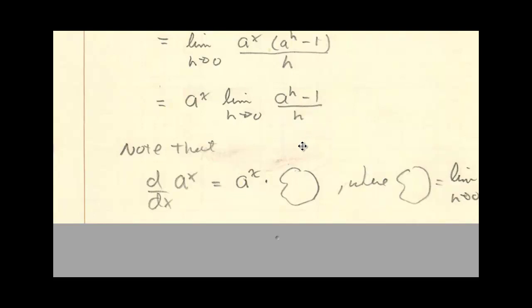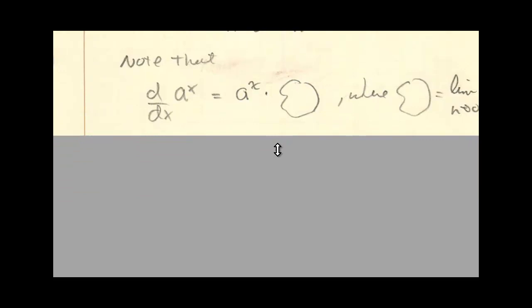So if we pick a as 2, the derivative of 2 to the x is 2 to the x times some number, the limit for a equal to 2, and that turns out to be some particular value.